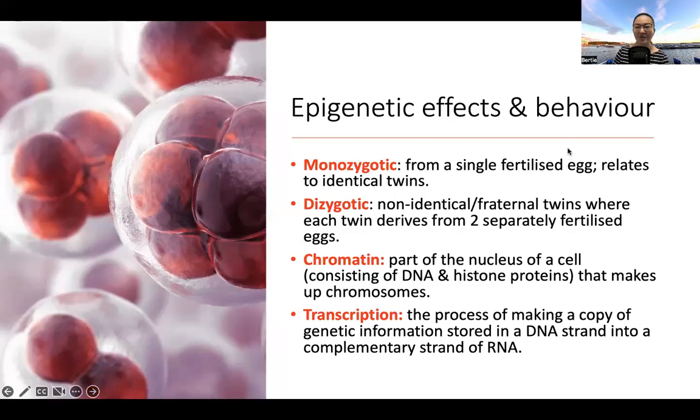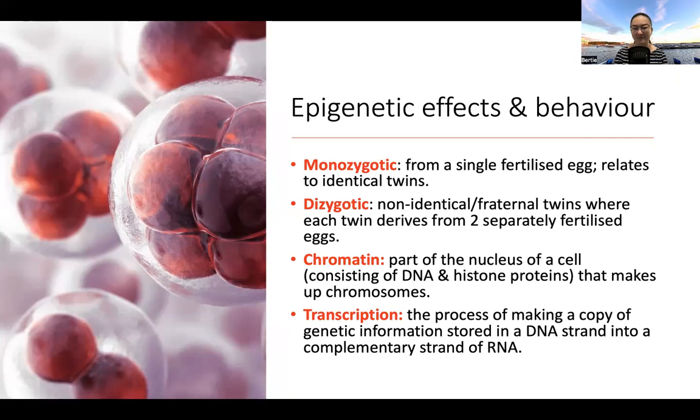Let's talk about epigenetic effects and behavior. Monozygotic, from a single fertilized egg, relates to identical twins. Dizygotic, non-identical or fraternal twins, where each twin derives from two separately fertilized eggs.